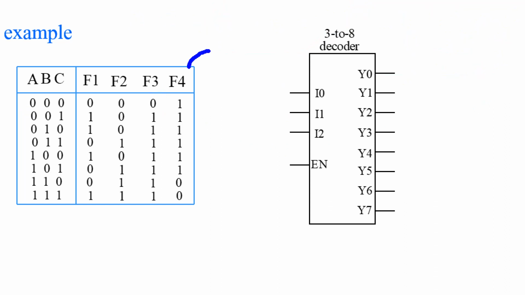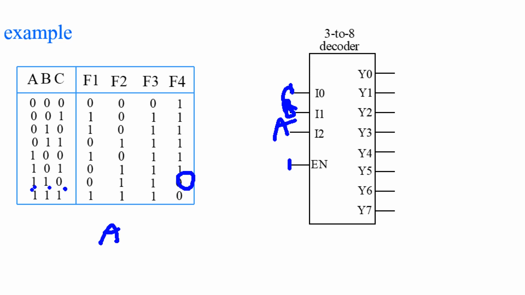And the last one, F4. F4 is 0 at two places, right? So you can consider these two cases that make the function 0 by writing a canonical product. F4 is 0 when A, B, C is 1 1 0.